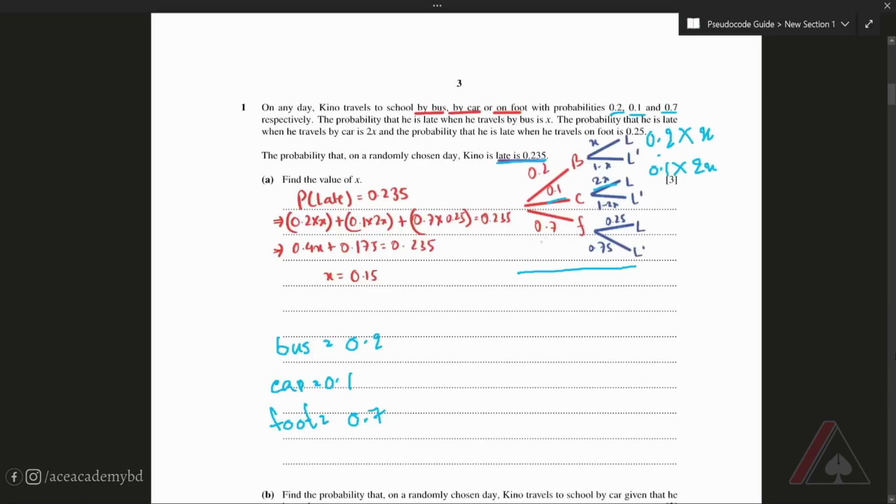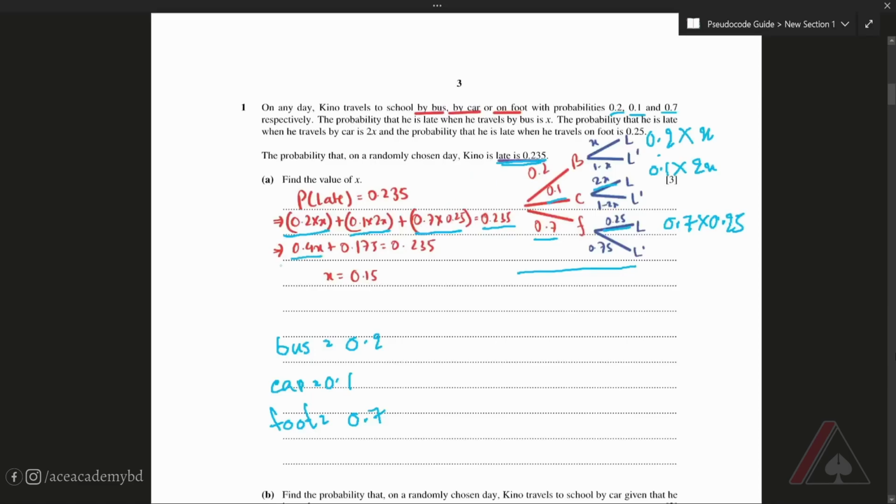And the probability that he's late when he's on foot is 0.7 into 0.25. Now all of this totals to 0.235. So if he's late by bus, by car, and on foot, all add up to 0.235, which is the total probability of him being late.